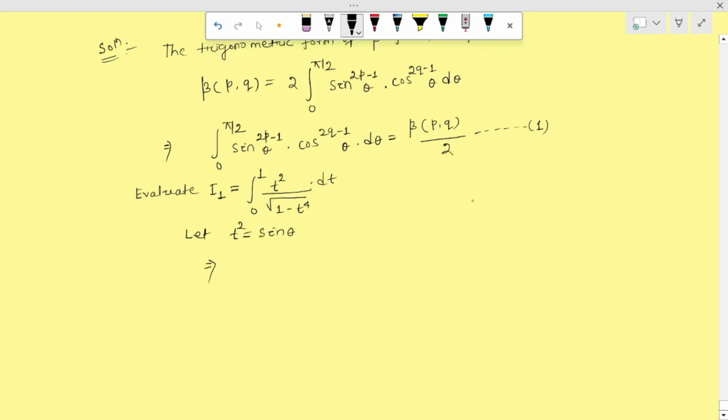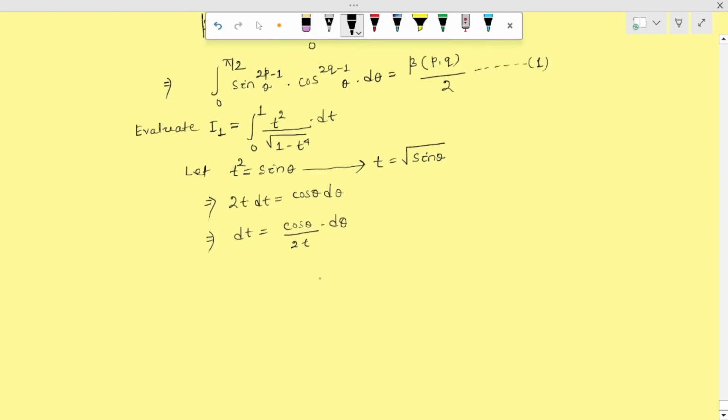So that implies 2t dt will be equal to cos theta d theta, and if t square is sine theta, then t will be root over of sine theta, right? That implies dt will be equal to cos theta by 2t into d theta.